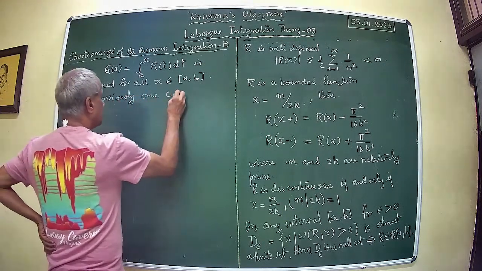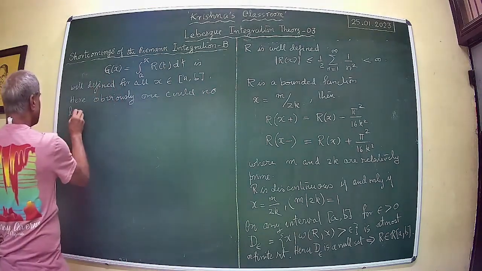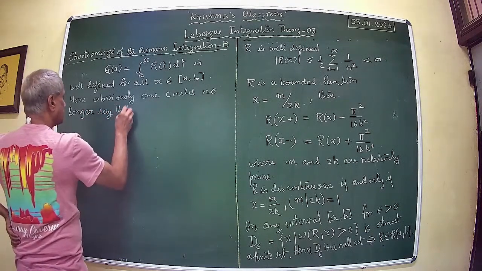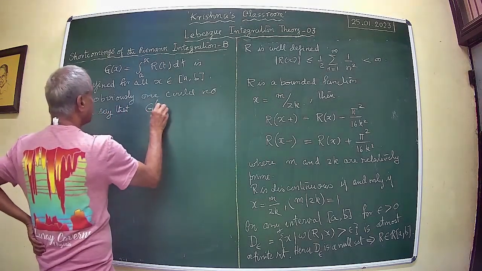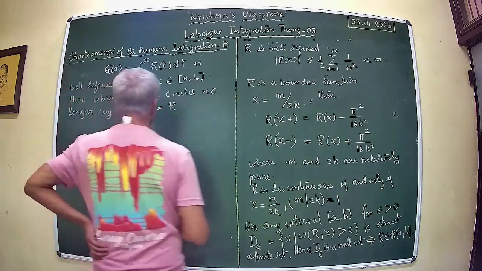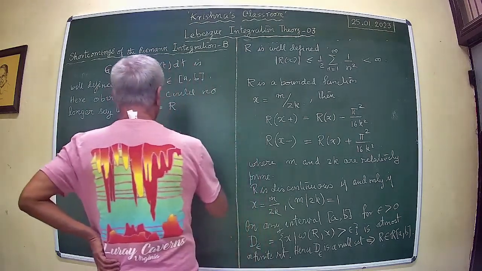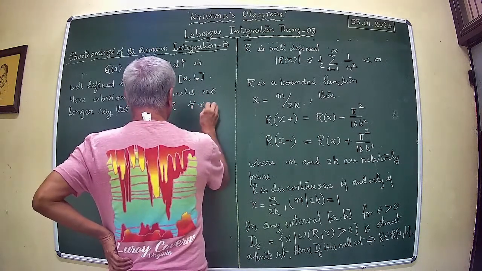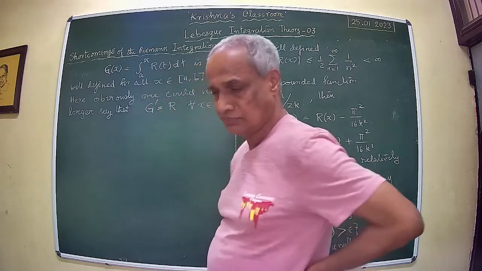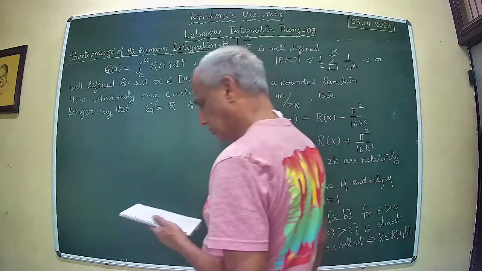One could no longer say that g derivative equal to R over the interval.